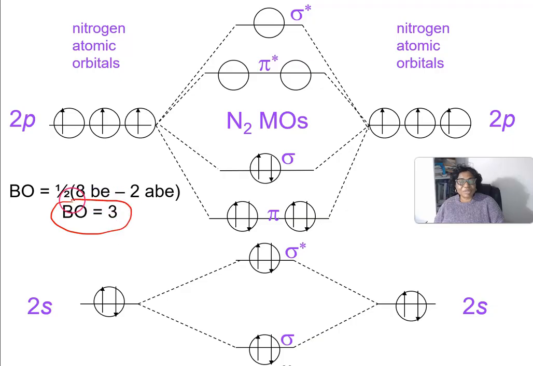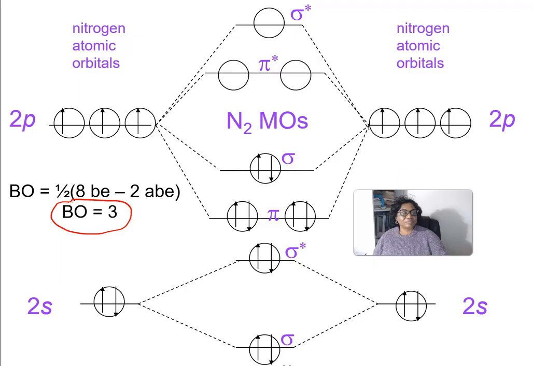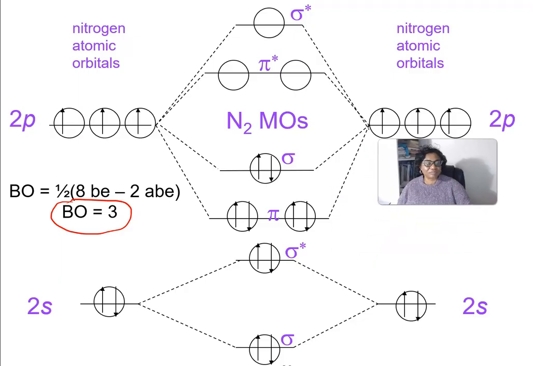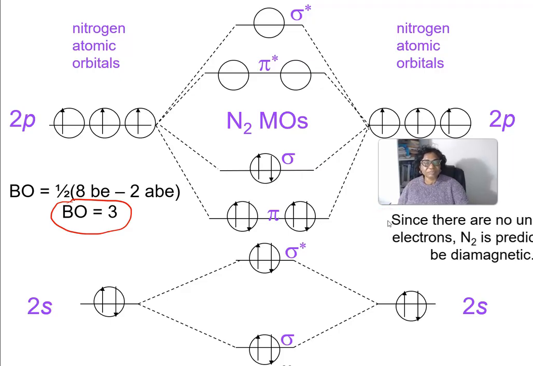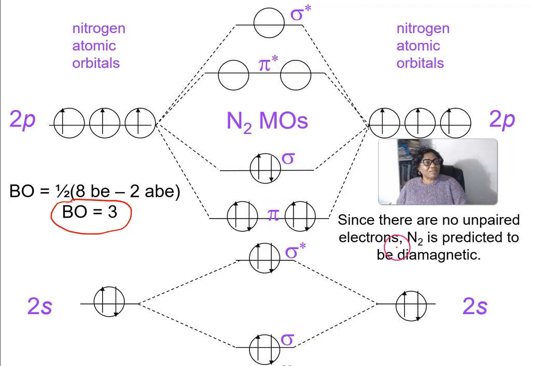Bond order is 3. But molecular orbital theory shows that we don't have unpaired electrons. It means nitrogen is diamagnetic. Since there are no unpaired electrons, nitrogen is predicted to be diamagnetic.